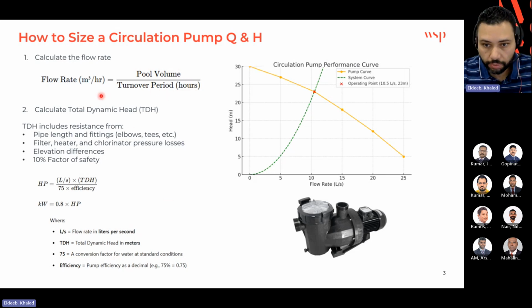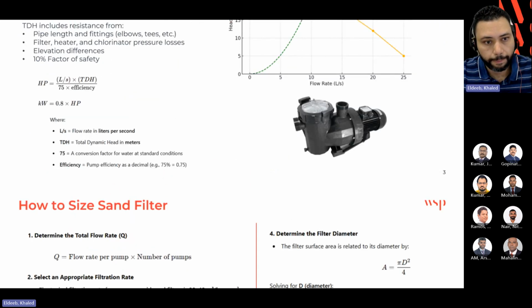We did also the calculation of pump head, including pressure losses in both suction and discharge pipes, plus filter friction losses, 5 meters if you remember, heater friction losses if any, also the inlet residual pressure plus the static pressure. So we need to remember also that from the Q, the flow rate, and the H, the head, we can obtain the horsepower, and then we can also obtain the kilowatt. And that's it for the pump.